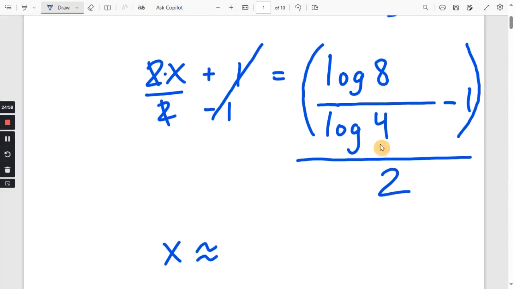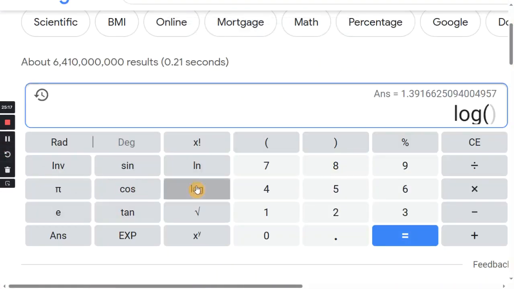So let's do log 8 divided by log 4 minus 1, and then divided by 2. I'm going to hit equals, and then minus 1, hit equals, and then divide by 2, as you will see. Log of 8, close parentheses, divided by log of 4, close parentheses.